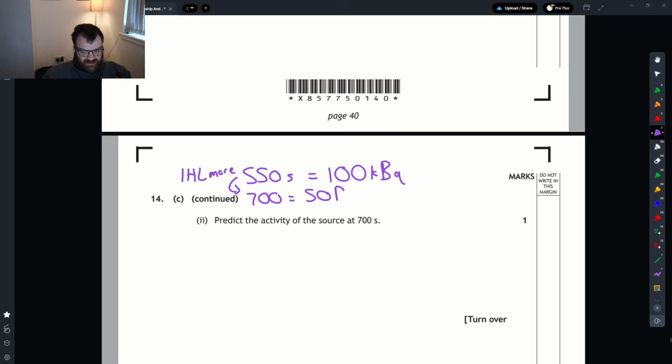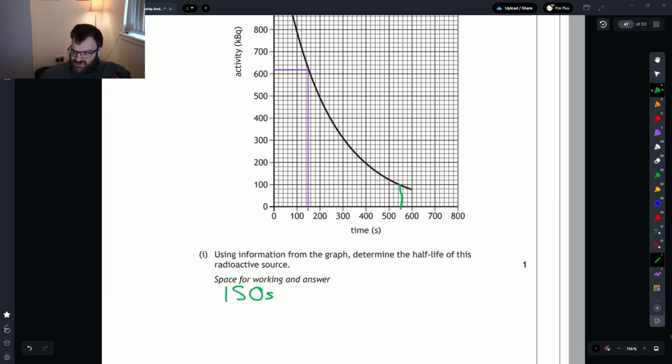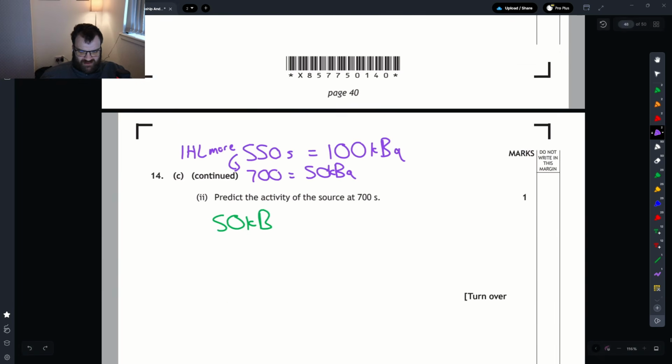So that would likely be 50 kilobecquerels. Would you have been able to do it if we kind of follow the curve? I suppose that kind of works. Just kind of follow it through. If we had a nicer curve, then it would kick out at 50 there. Yeah, one of those ways.